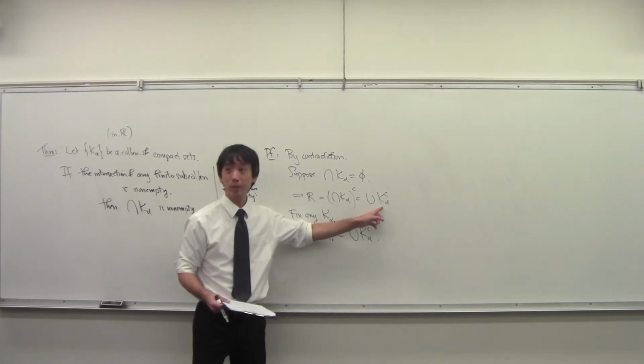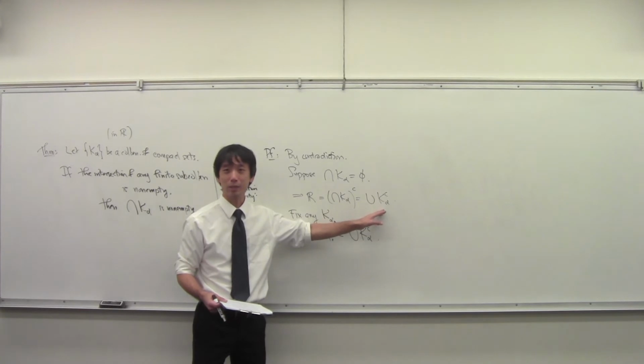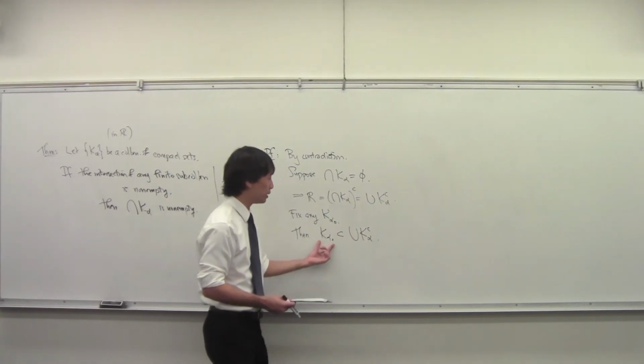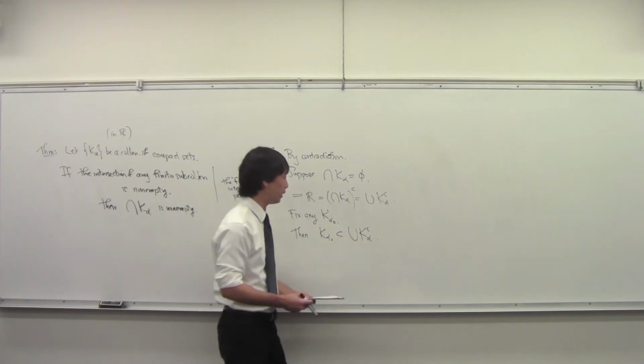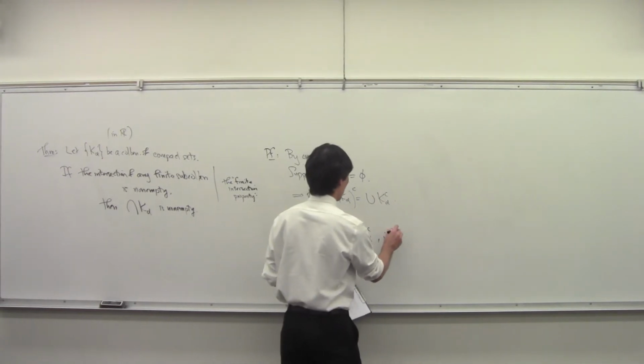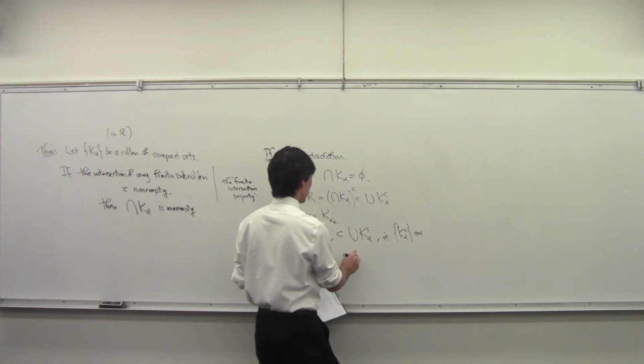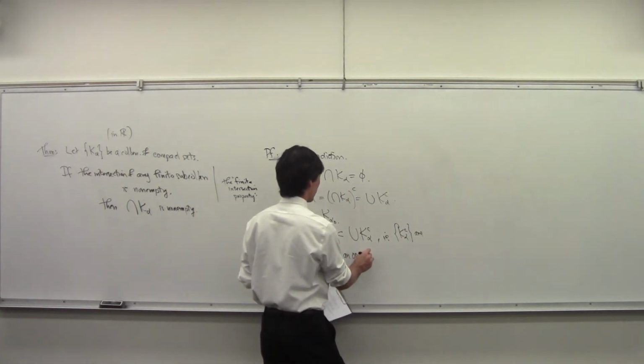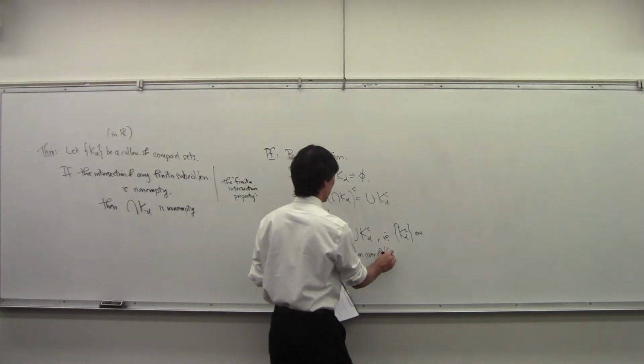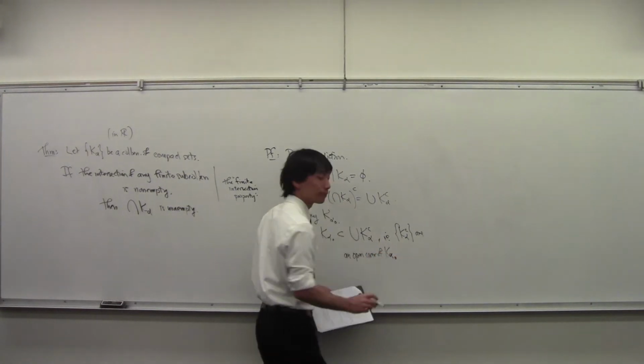But these are open: remember, compact sets are closed, so the complements are going to be open. And so we see that the complements of the K alpha are an open cover of K alpha naught.